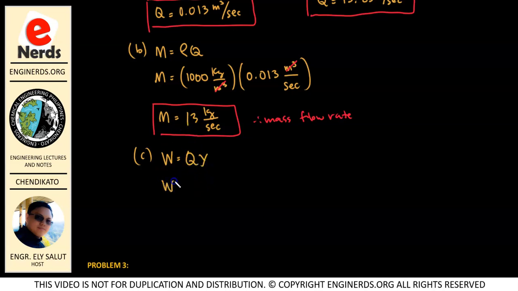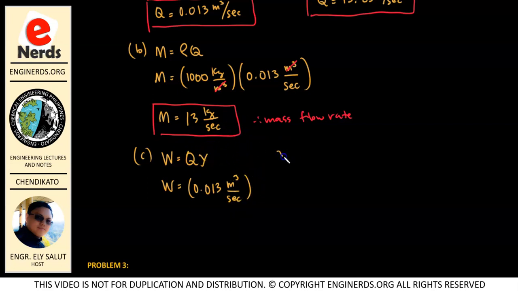So our W is equal to our Q, which is 0.013 cubic meter per second. Then we're going to multiply that by our specific weight.